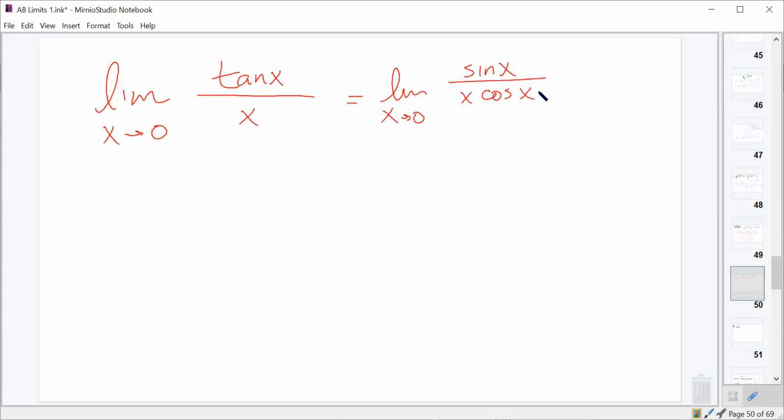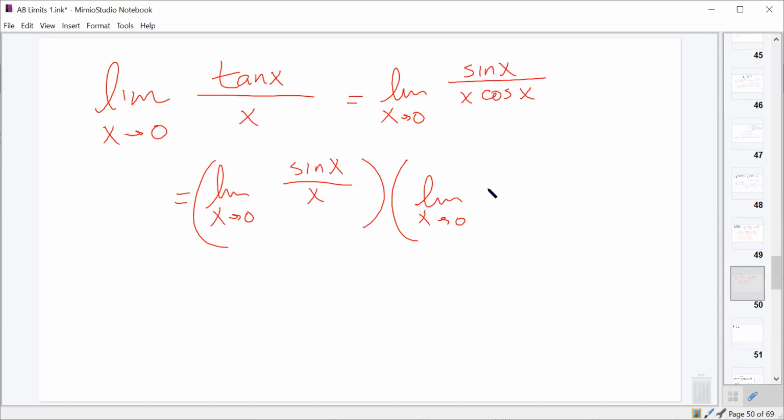Wouldn't that be the same thing? Yeah, should be the same thing. And we could rewrite this as two different limits and evaluate both of those. What's the limit as x approaches 0 sine x over x? It's just 1. And what about the limit as x approaches 0 of 1 over cosine of x? Well, that's just also 1.